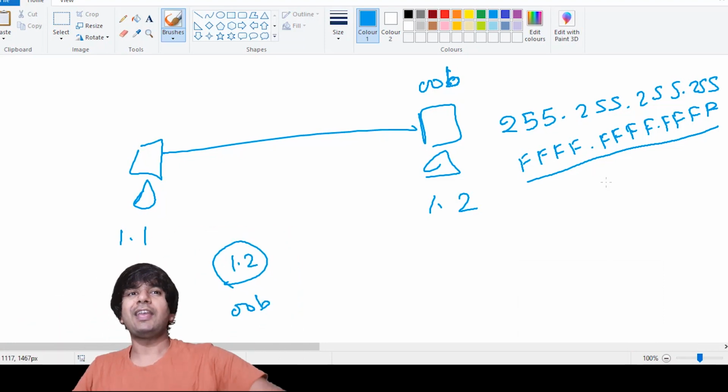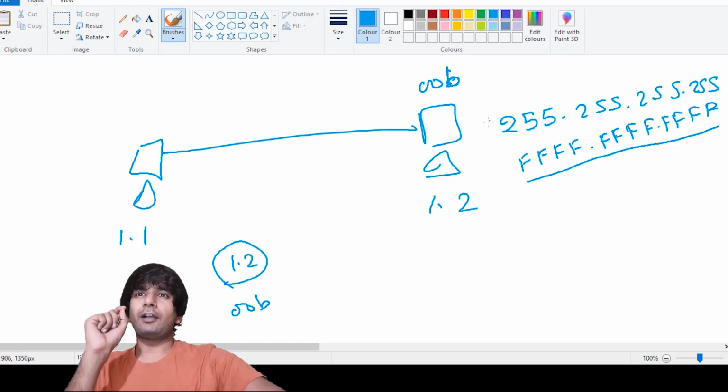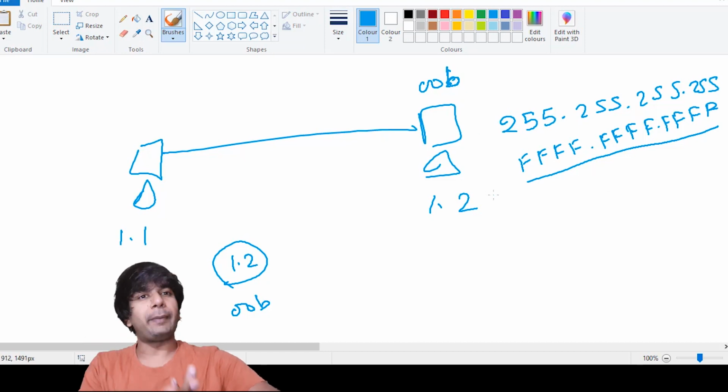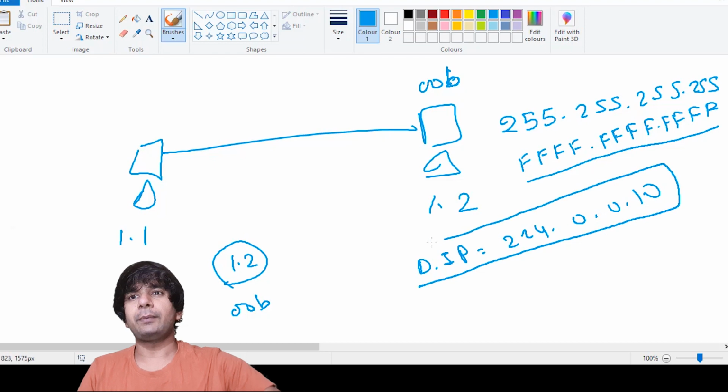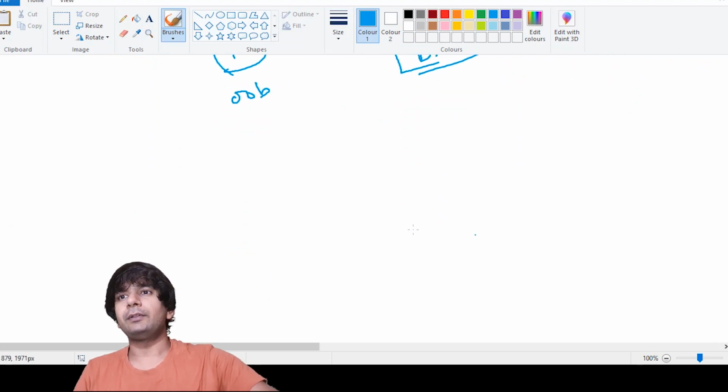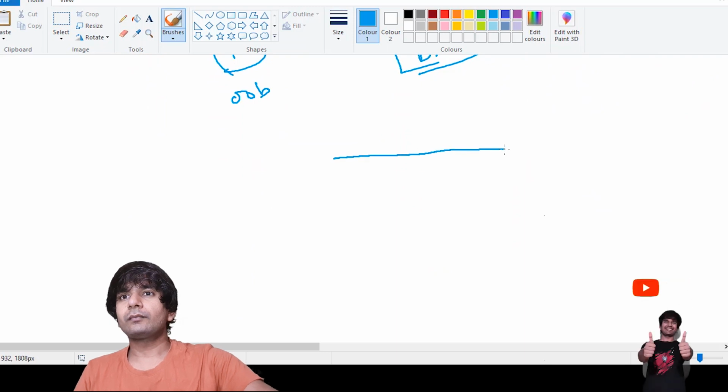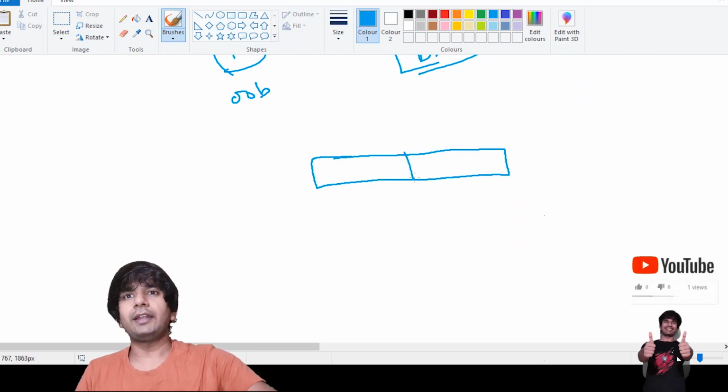In the same way, if you are sending a hello packet of EIGRP, you will always send the hello packet with the destination IP address 224.0.0.10. The destination IP address of EIGRP is 224.0.0.10. So guys, for example, you are on the network layer, right?